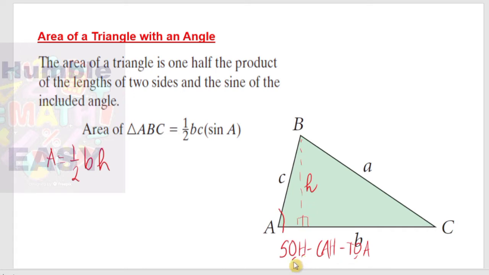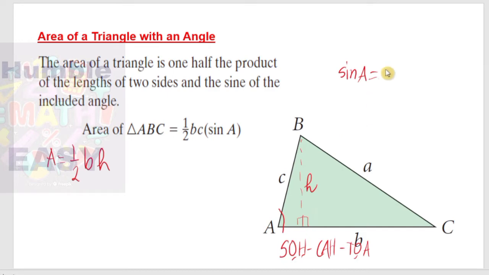So therefore we are going to make use of the sine function for us to get the ratio in dealing with this kind of process. So here we have sine A, the angle A, is equal to opposite over hypotenuse.